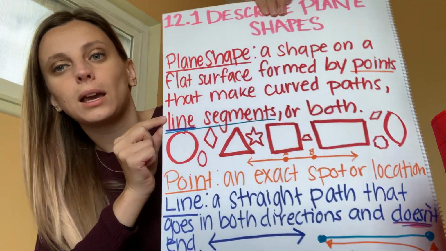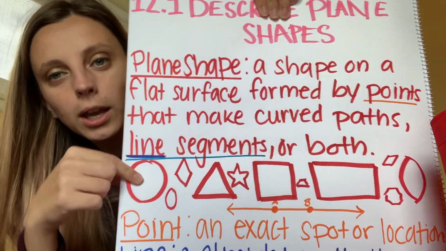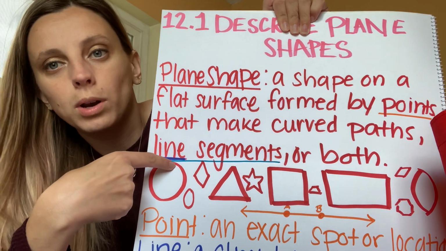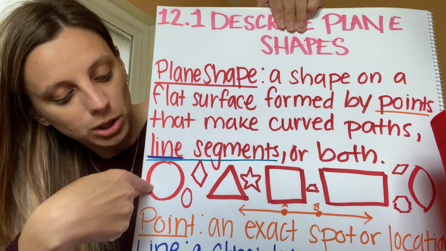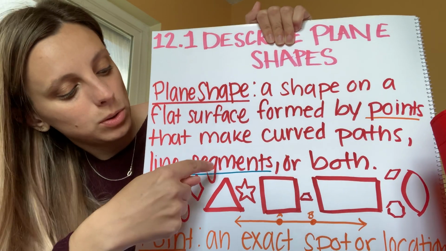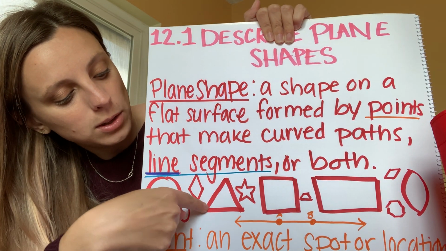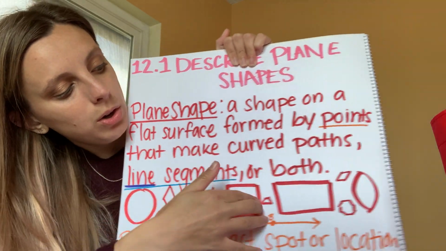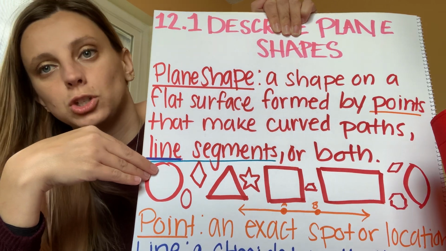So what that looks like are these shapes right here, and you probably recognize a lot of them, but I could start drawing these at any one point and use either a curved line or a straight line to get back to that point. So if we see here, I could start here and use line segments to reach back to that same point. So these are all representatives of plane shapes.